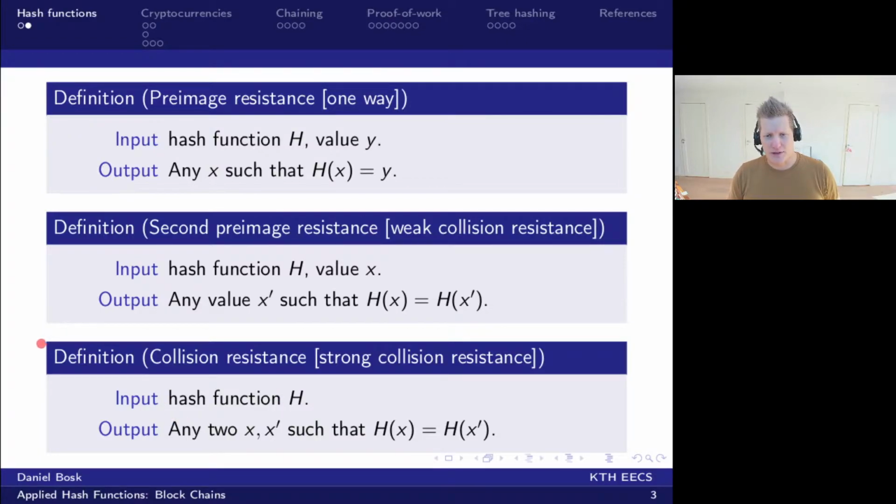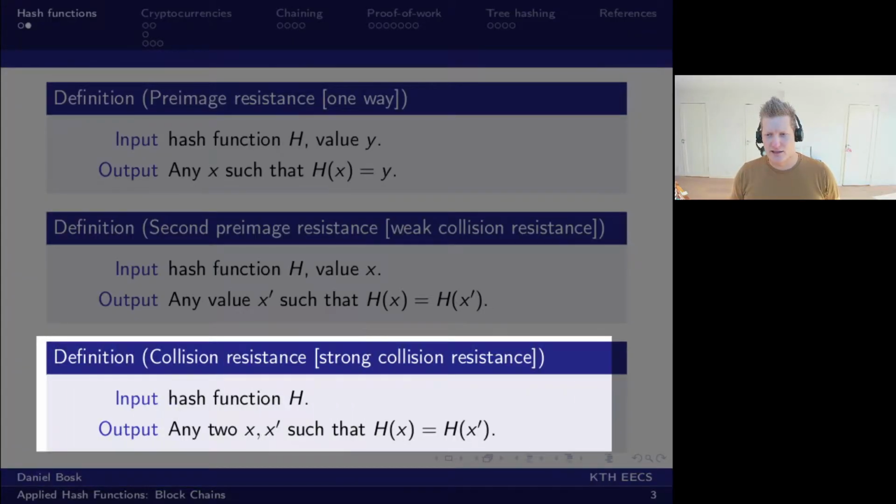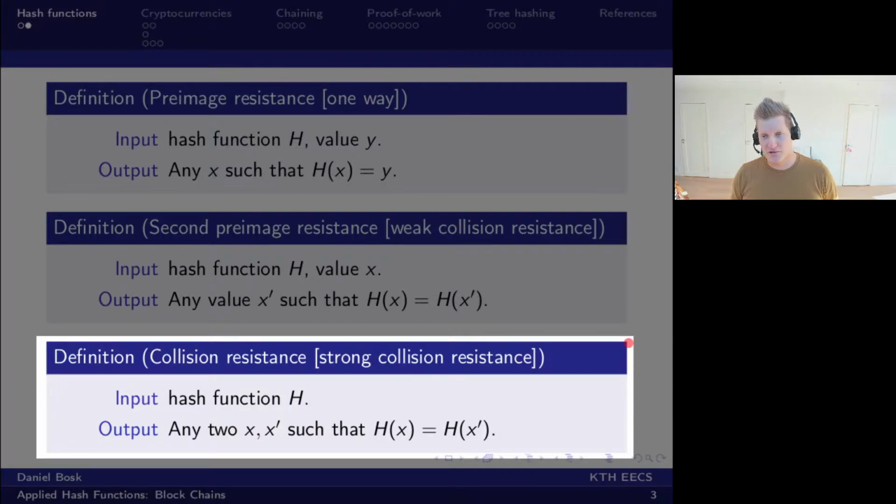The last property is collision resistance, or strong collision resistance, as it's sometimes called. In this case, we get a hash function h, and our job is to find x and x prime, any one of those. We may choose them as we like. The only requirement is that h of x is equal to h of x prime.